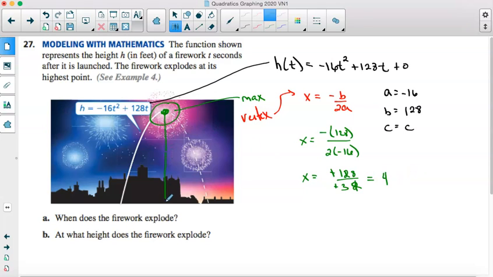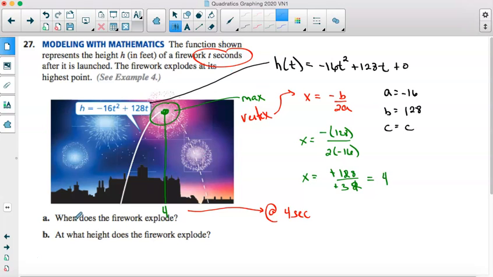What I'm interested in is when the firework explodes. T is in seconds, so it explodes at 4 seconds. That's the x value of the vertex.